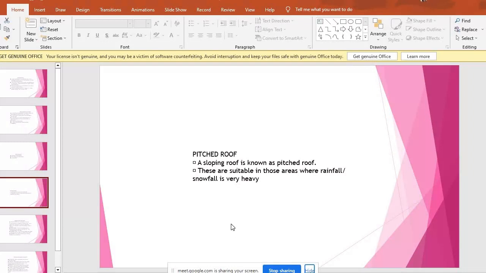That is, they are suitable in the areas where there is a lot of rainfall or snow. That is, it is designed in such a way that the snow and the running water do not stay on the roof, so it is a fish shape. Are you okay? Yes, thank you. I've understood. Okay. We move to the next.